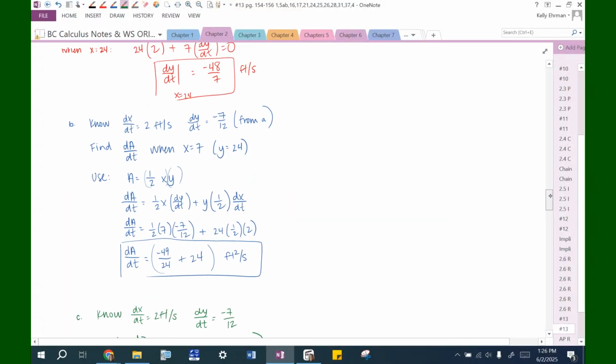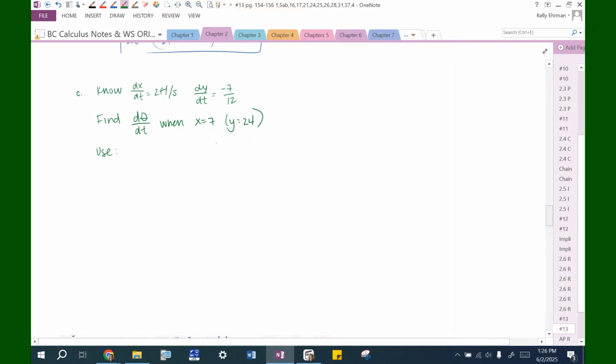And again, it doesn't matter, but I've got lots of choices here. I want to use sine because let's set up that equation. Sine theta is opposite of the angle at that top there is x, and the hypotenuse is 25. So I want to use this simply because dx dt is 2. I would rather work with plugging in 2 than plugging in negative 7/12. But it does not matter, and you don't have to simplify much. So it really doesn't matter. Pick your favorite trig equation. And then take the derivative with respect to t of both sides.